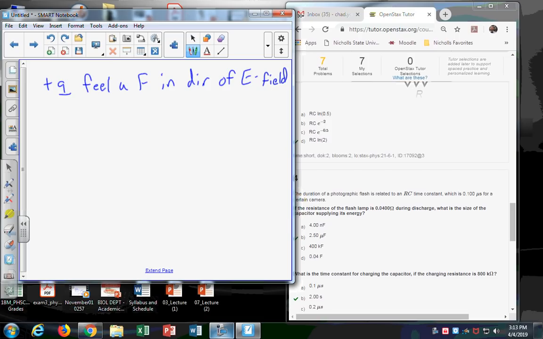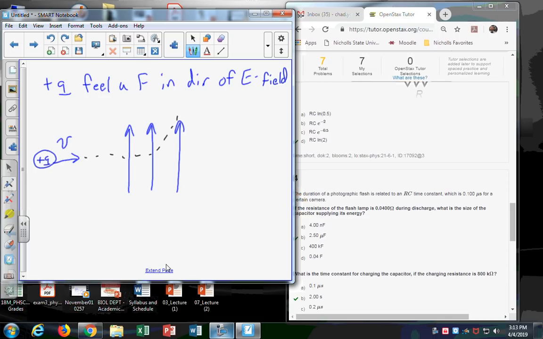So for example, if I have an E field in this direction, and a positive charge with a velocity in that direction, that charge, when it enters the electric field, is going to go up like that, because it has this upward force pulling up on it.